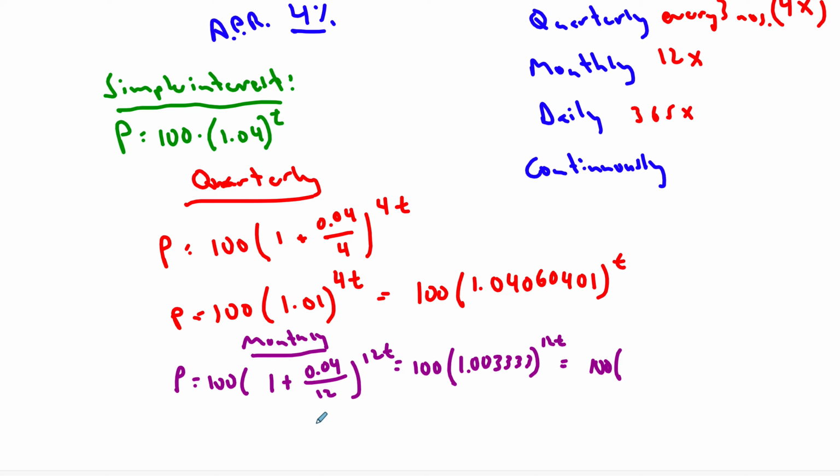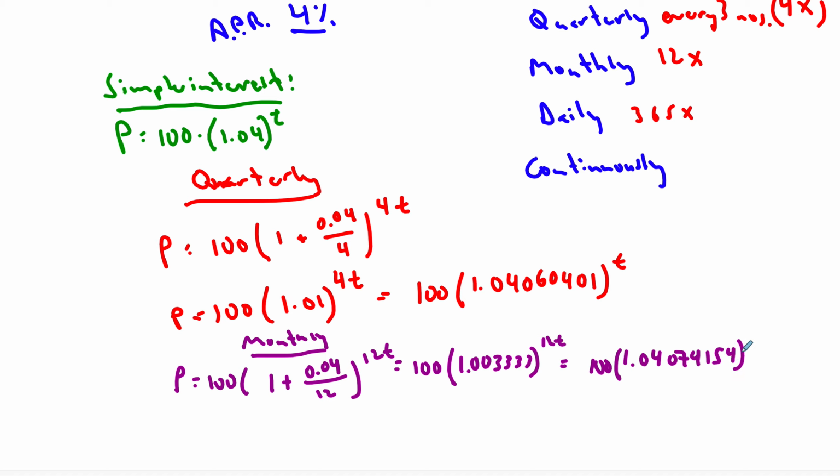But when I take 1 plus 0.04 divided by 12, right, and I raise it to the 12th power, I get 1.04074115.